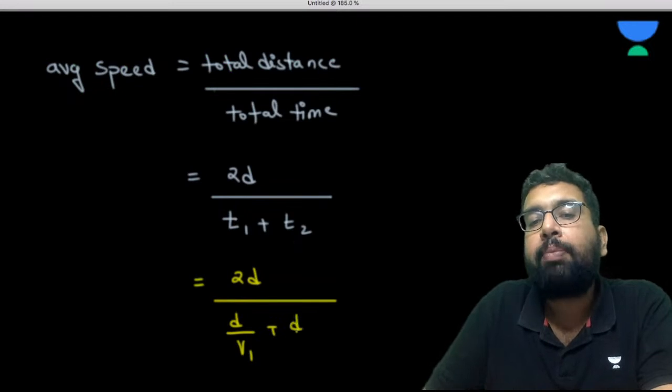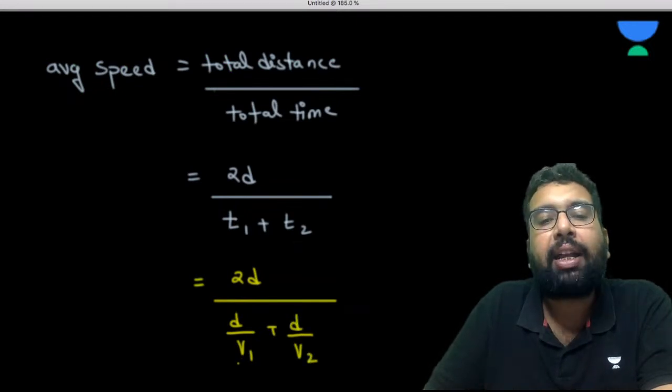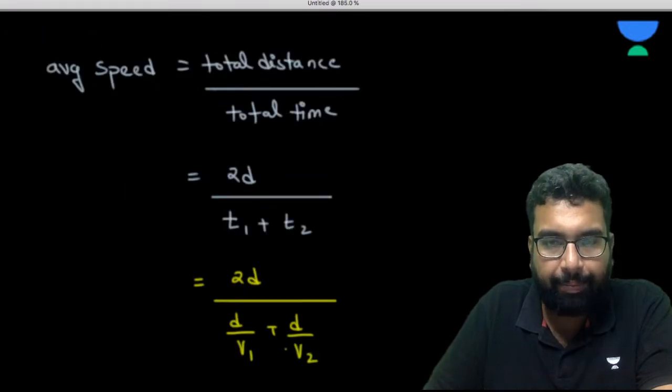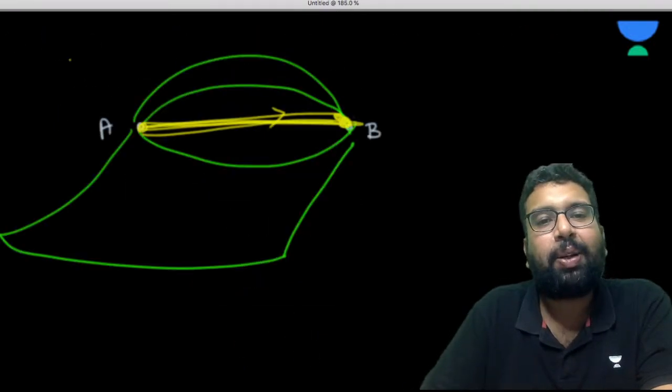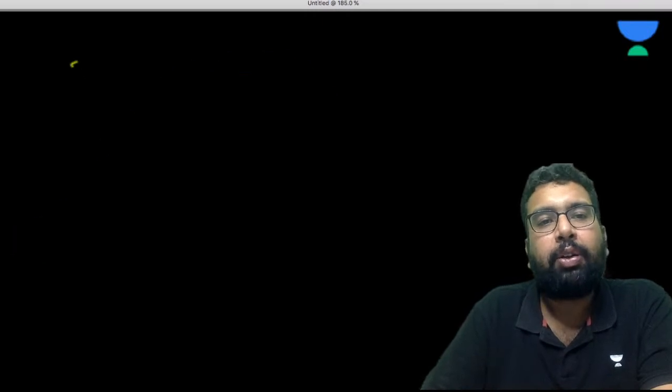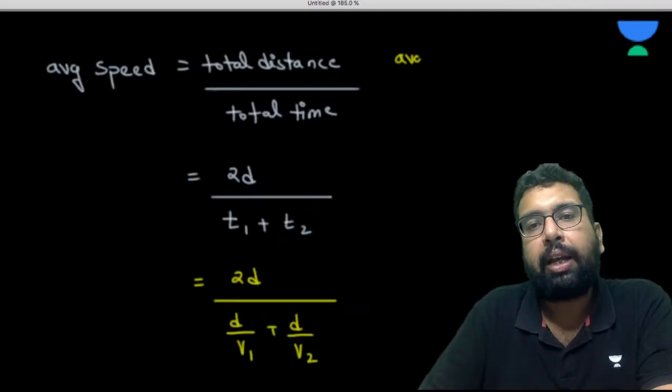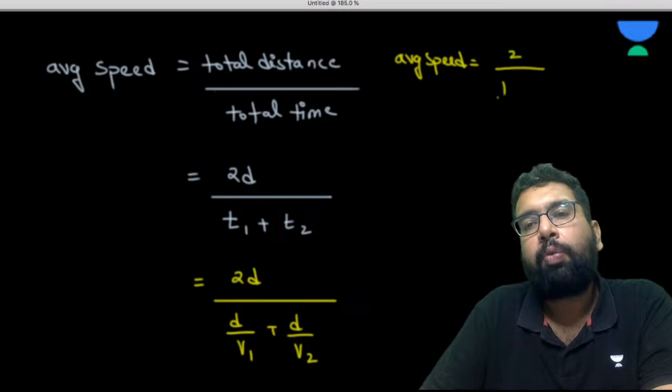So how much time must he have taken? He would have taken d upon v1 plus d upon v2 time, right? So what is going to be the average speed there? The average speed is going to be, d d will be cancelled out, and it will become 2 upon 1 upon v1 plus 1 upon v2.